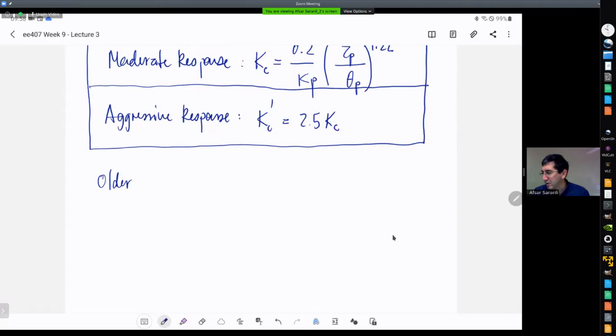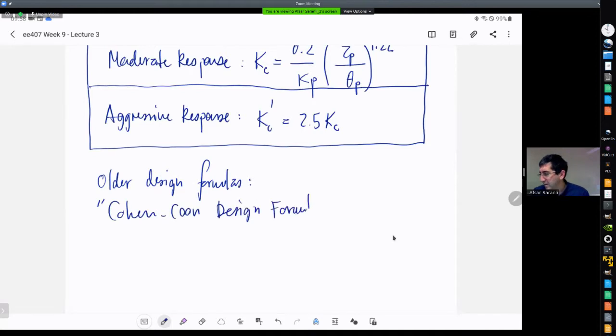These are called Cohen-Coon design formulas. I will not give them, but just so you know the name. Okay, if you hear something called Cohen-Coon design formulas, these are formulas from 1953.